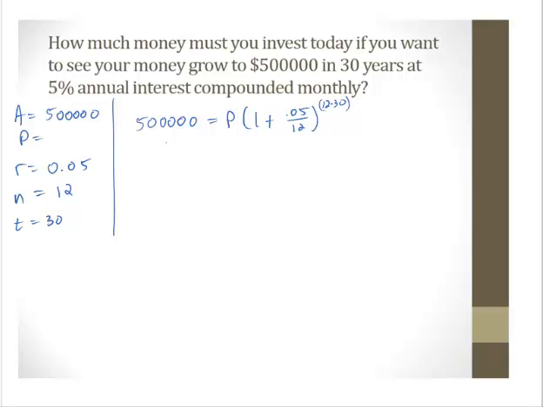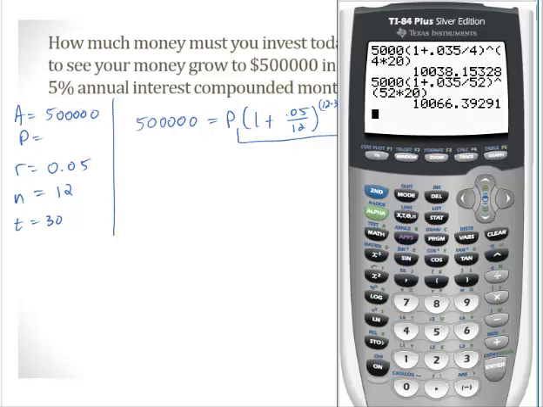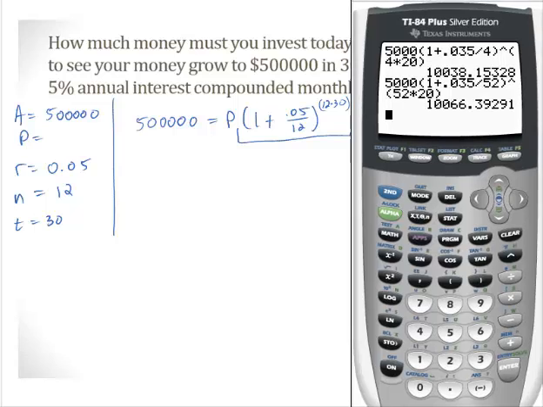All right, so we have 500,000 equals P times some number. So we just need to divide by that number to solve for P. All right, so let me bring up the calculator and move over a little bit so we can see.